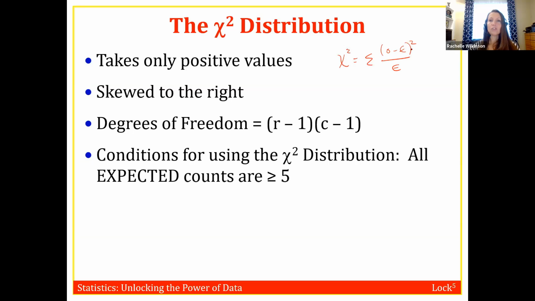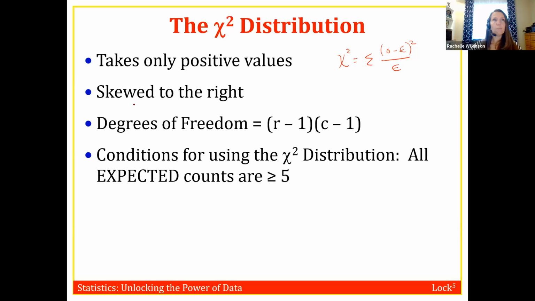So anytime I square something, it's going to be positive. And then an expected count is a count. We can't be expecting like -3 people to be in there. So that's always going to be positive. So you can see that when I do this calculation, it's always going to be positive. So the chi-square distribution only takes positive values.